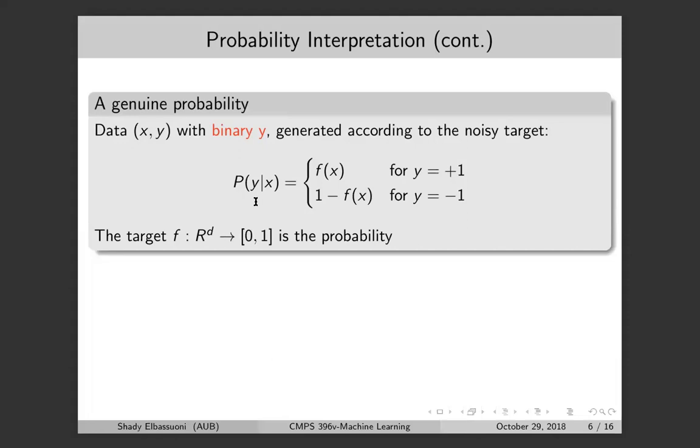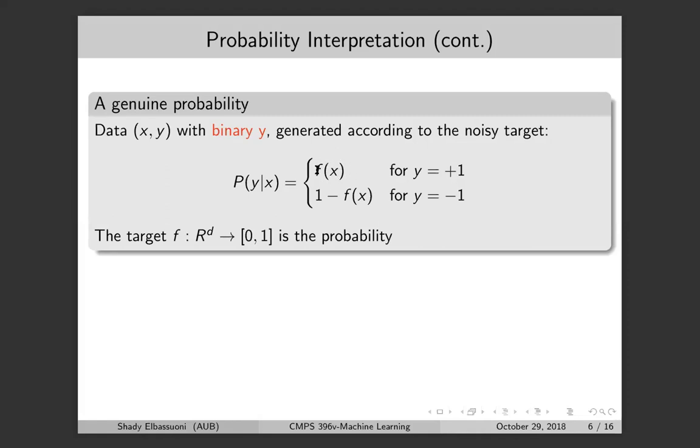So instead of estimating the label, +1 or -1, you're estimating the probability of being +1 given x, or -1 given a particular data point x, and we'll assume that this is generated by a probability f of x.